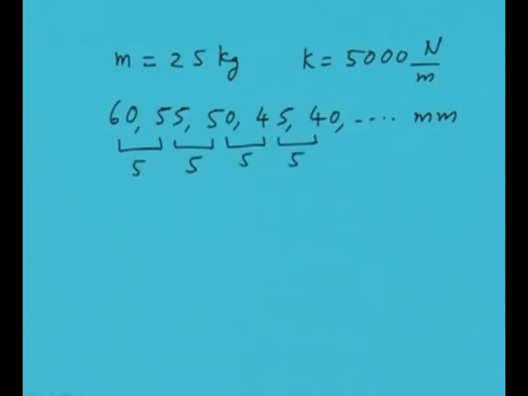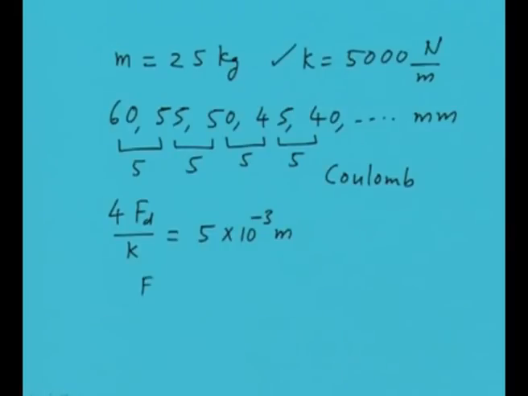From here we can conclude that this is Coulomb damping, and for this case we know that the decay per cycle is given as this, where Fd is the friction force and K is the stiffness. The decay is 5 millimeters, and we are converting into meters. So Fd will come out to be 6.25 Newton from this.